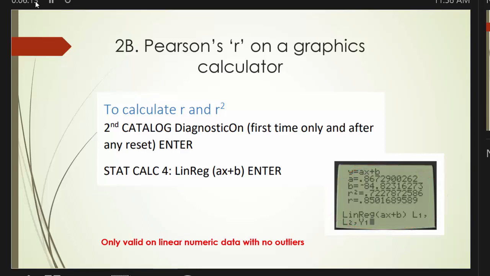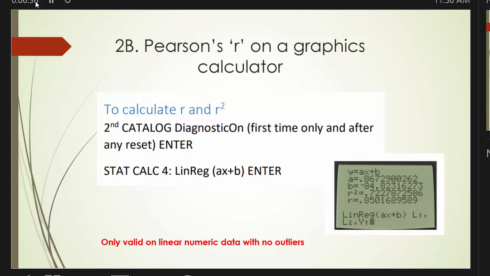I don't know what data was in the calculator when I made this slide a couple of years ago, but it's got the information here. You're going to need all of this eventually. The first three lines are the gradient of the line that goes through the data. So y equals ax plus b. A is the gradient and b is the y-intercept, if you remember that from past years.